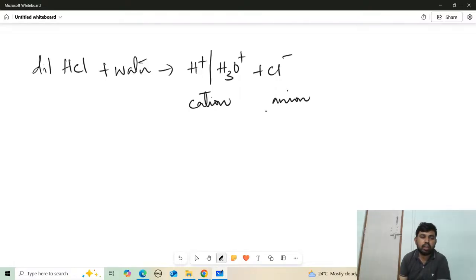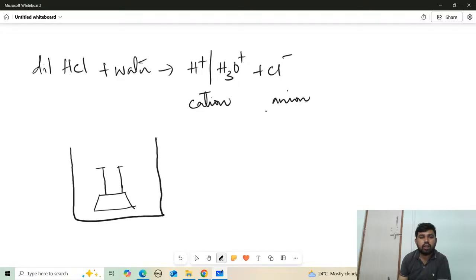Try to understand here. They gave a rubber cork here. Here there is an iron nail, and this is one more iron nail. They kept these in a beaker, right? Here there is a connection, and here we have a battery.